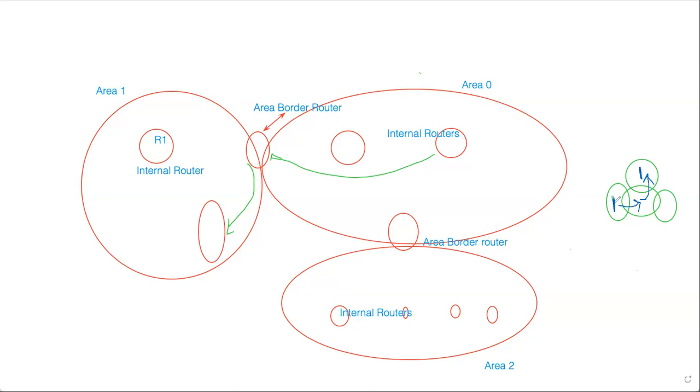But whenever this router learns the route via this guy, for example, 10.0.0.1, this route is sent to this router. That same route should not be sent from this area to the other area, because that route is not originated in this area.